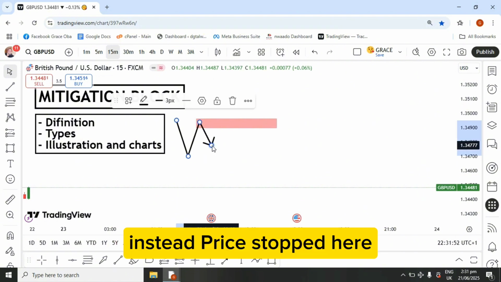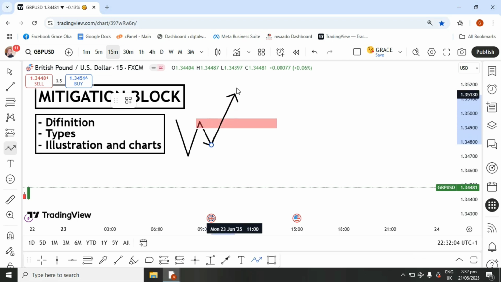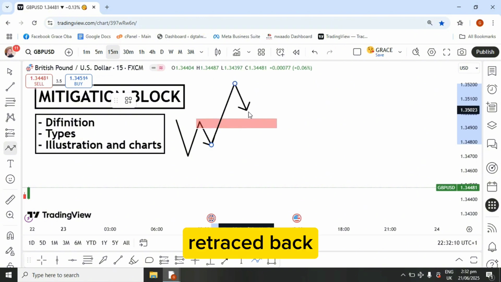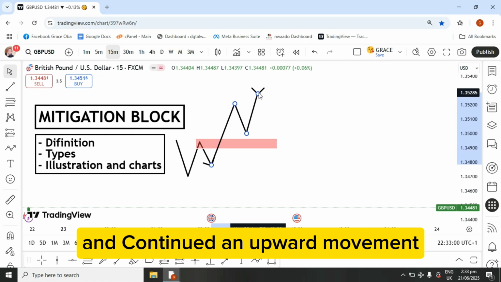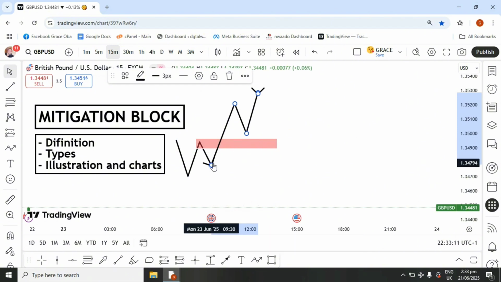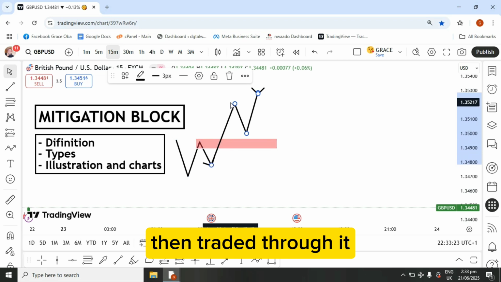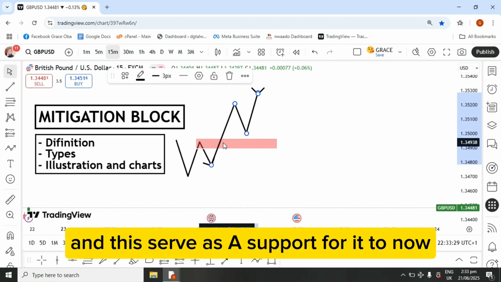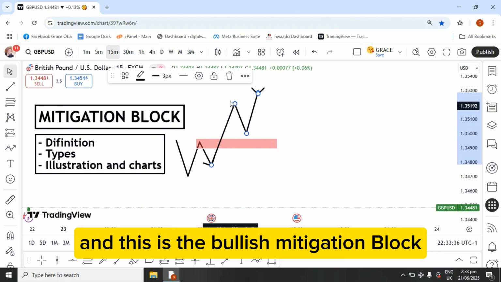Instead, price stopped here, traded through this order block, retraced back, probably into a fair value gap, and continued an upward movement. So the price failed to take off this low. Instead, it stopped here, took off the origin of this failed swing, then traded through it, pushed back into it, and this served as a support for it to now rally up in the opposite direction. And this is the bullish mitigation block.